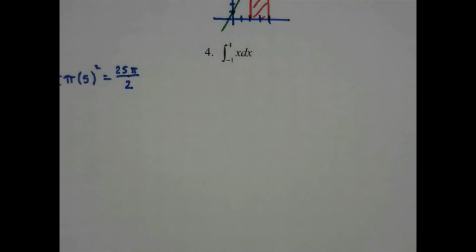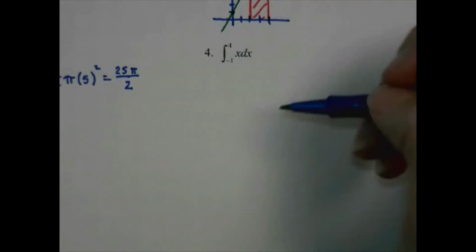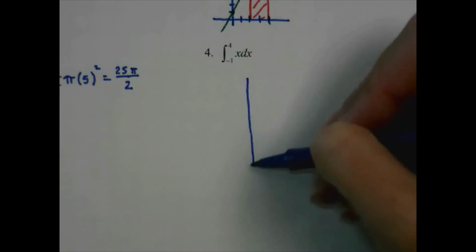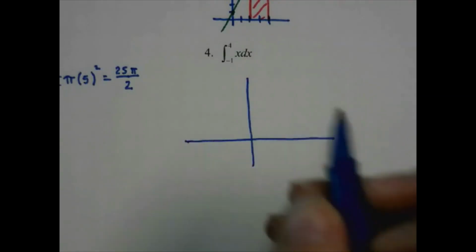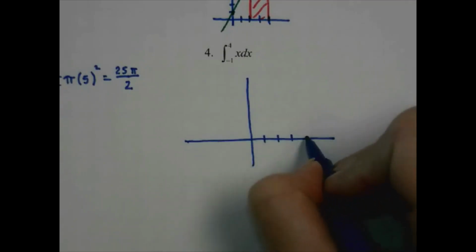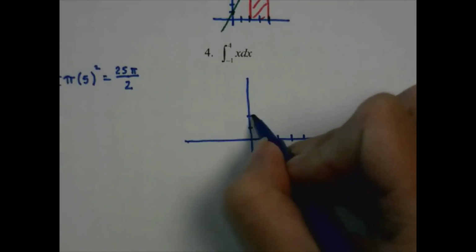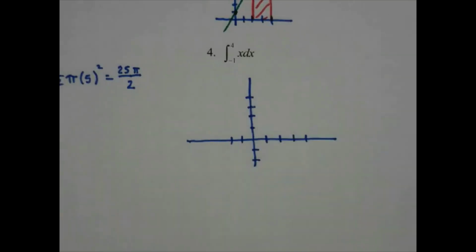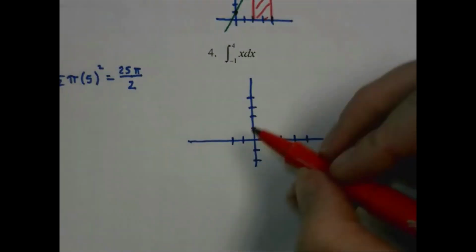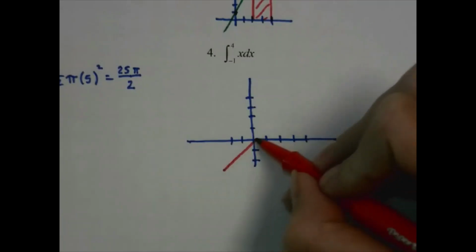Okay. Our next one, x from -1 to 4. So y equals x. Just a straight line here.